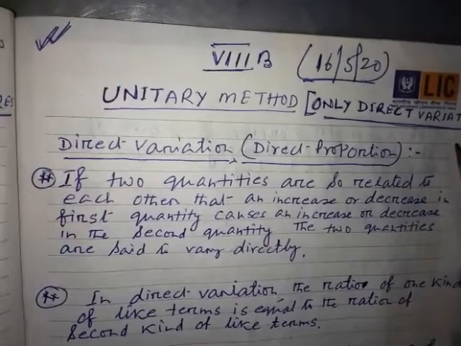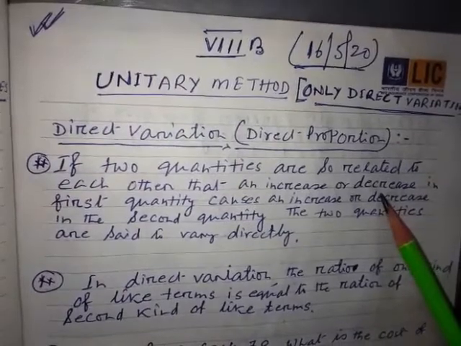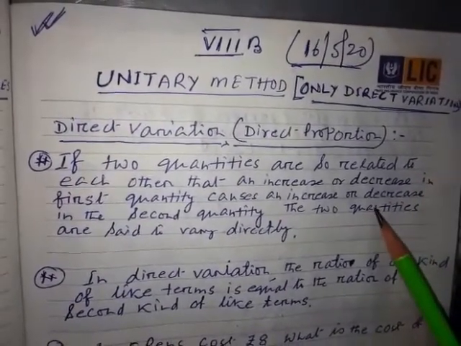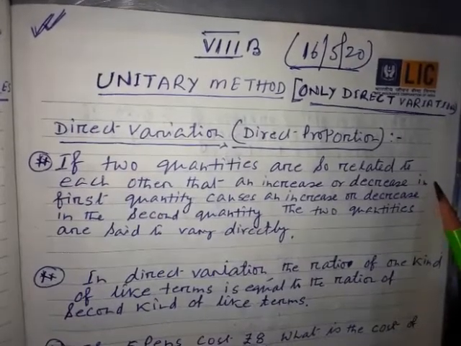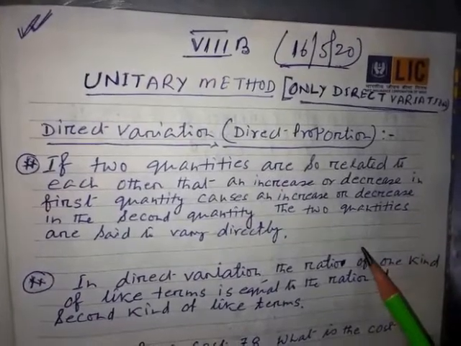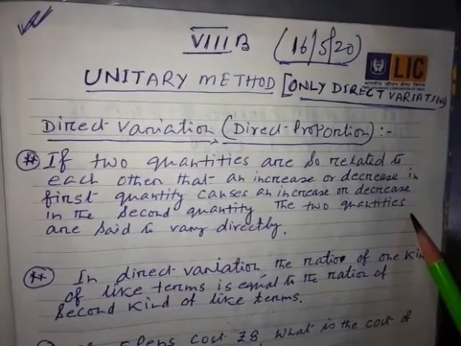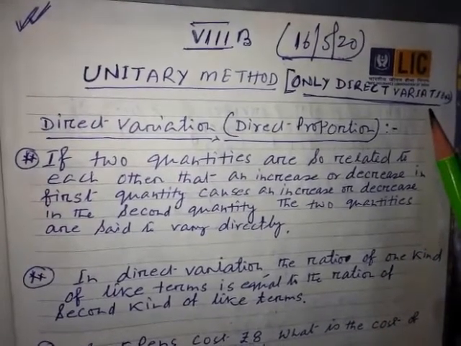Two words. This direct variation is called directly proportional. Directly means one increasing, the other is also increasing, one decreasing, the other is also decreasing. That is called direct proportion. On the other hand, when one increases, the other decreases, and when one decreases, the other increases, they are called inversely proportional. So we are going to discuss the direct variations.